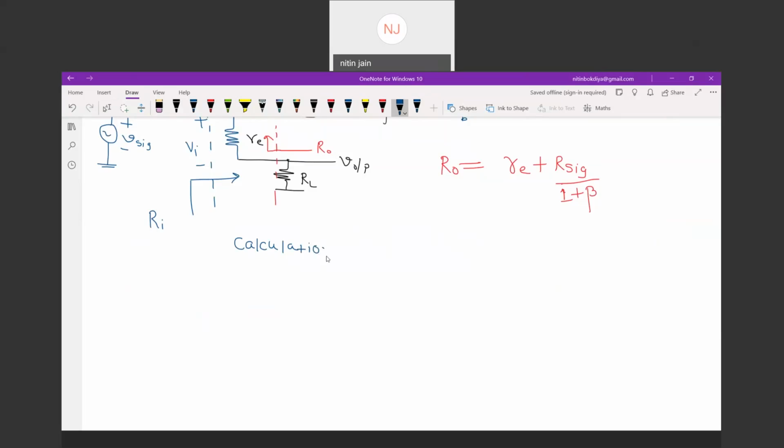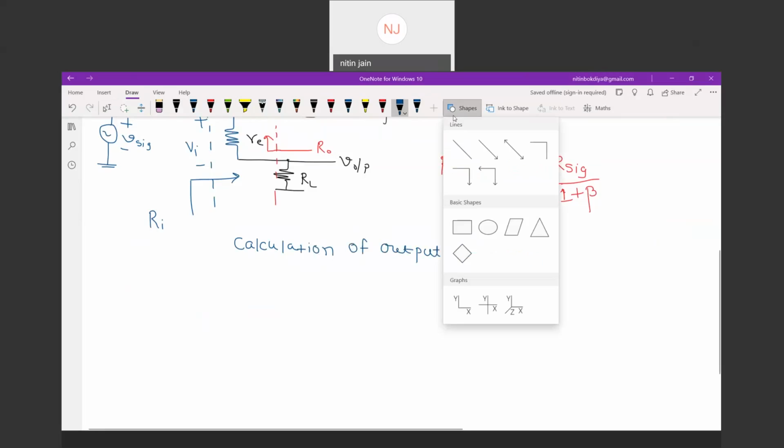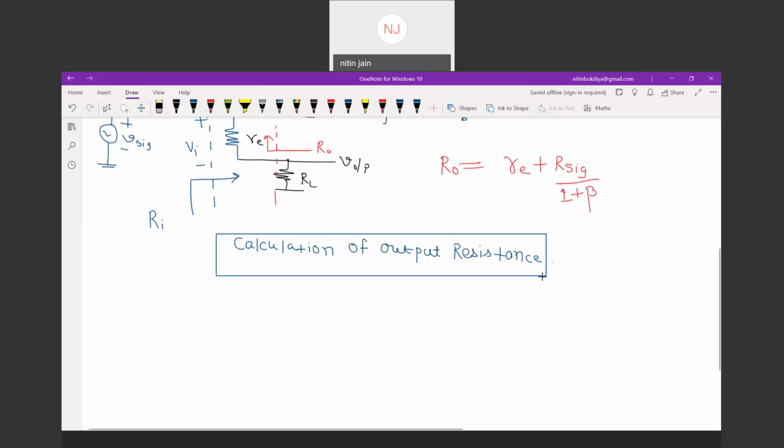The calculation of output resistance. Let's see how it works.